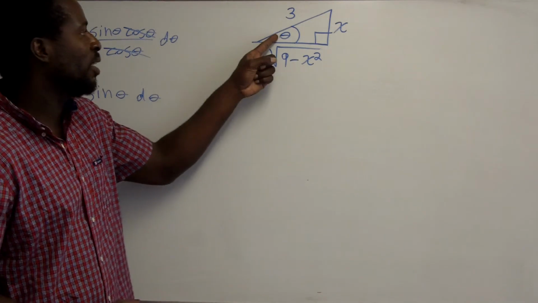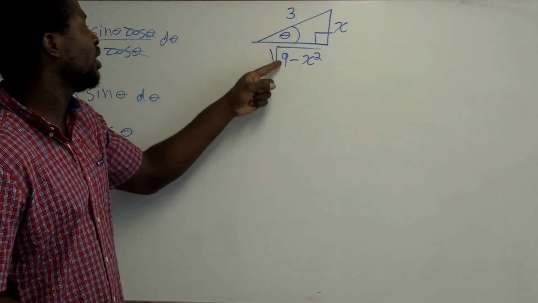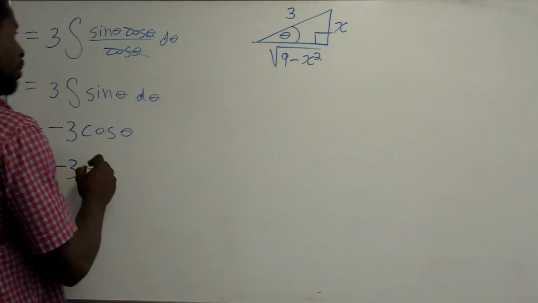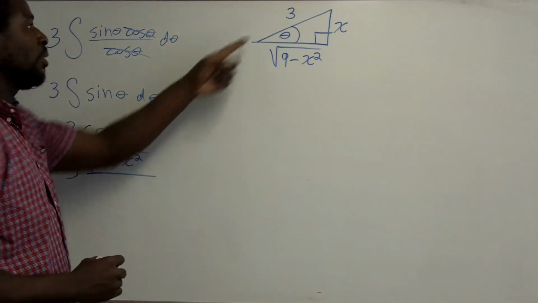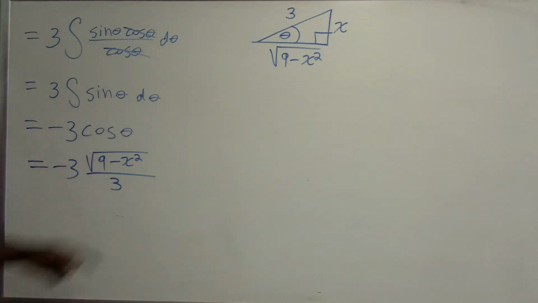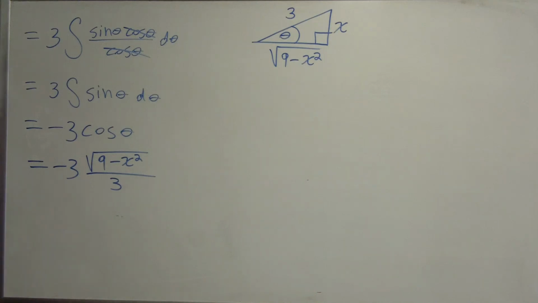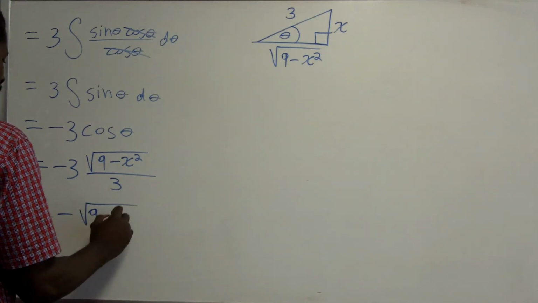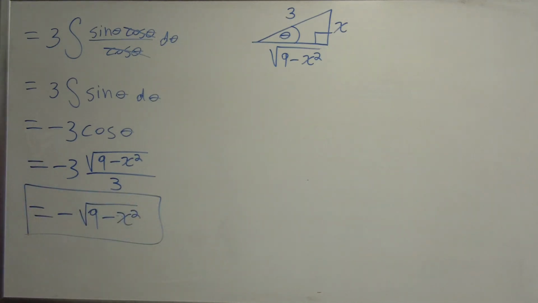Well, the cosine is the adjacent side, the square root of 9 minus x squared, over the hypotenuse, over 3. Adjacent over hypotenuse is the cosine. So I get that the final answer to this is negative square root of 9 minus x squared. And there's the final answer for the integral. Good.